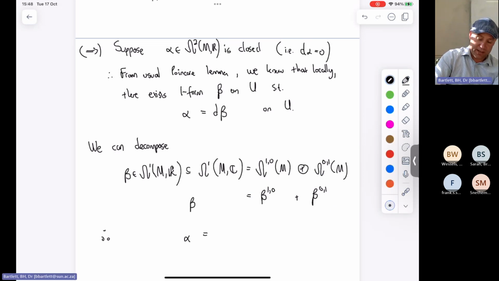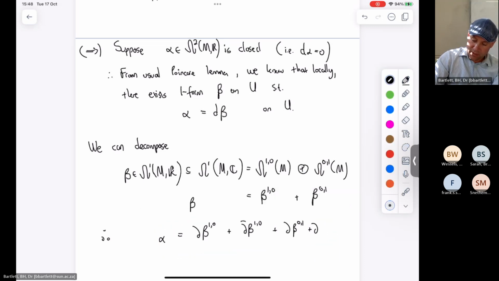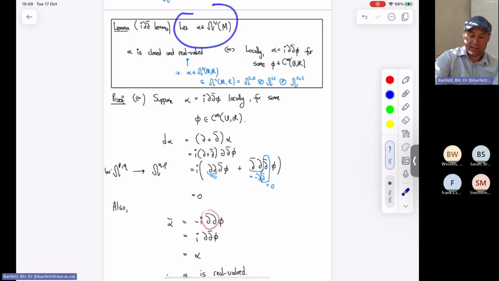Putting that all together, alpha is del of beta^{1,0} plus del bar of beta^{1,0} plus del of beta^{0,1} plus del bar of beta^{0,1}. Just to be clear, this is a (1,1)-form. Why? Because I'm starting off by assuming that.